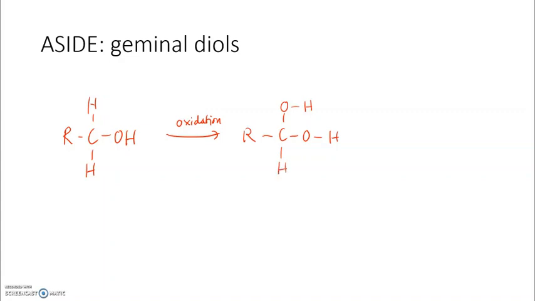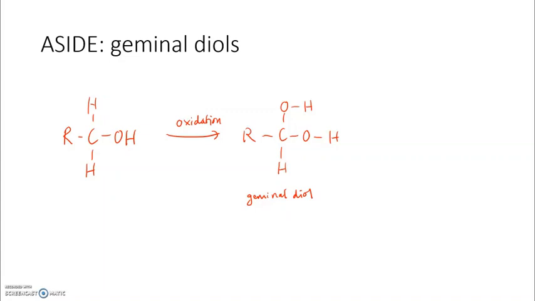So that would increase your functional group level by 1, therefore being an oxidation. You've taken off a hydrogen and you've replaced it with an OH group. This particular molecule that I've drawn out here turns out not to be very stable. It's known as a geminal diol. Geminal basically refers to 2 functional groups being attached to the same carbon. So you can refer to these hydroxyl groups, these OH groups, as being geminal to each other.